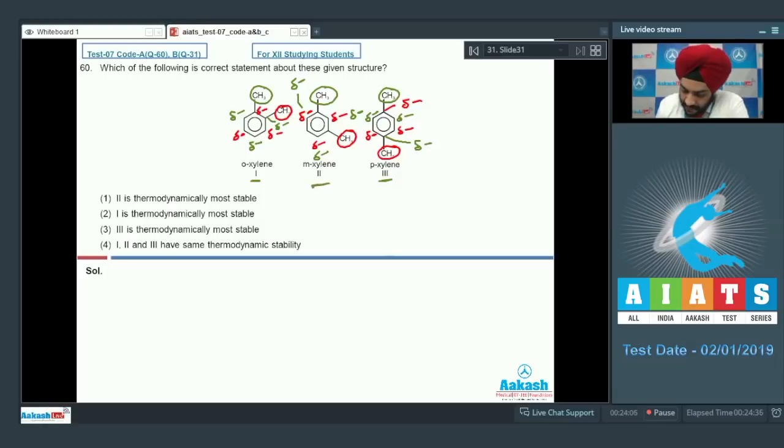So this will be more stable than the others. So students, if we look at the options, we can clearly see that the correct statement is given in option 1, which says that 2 is the thermodynamically most stable among these three structures which are given to us. So we have to mark option 1 as the correct answer to this question.